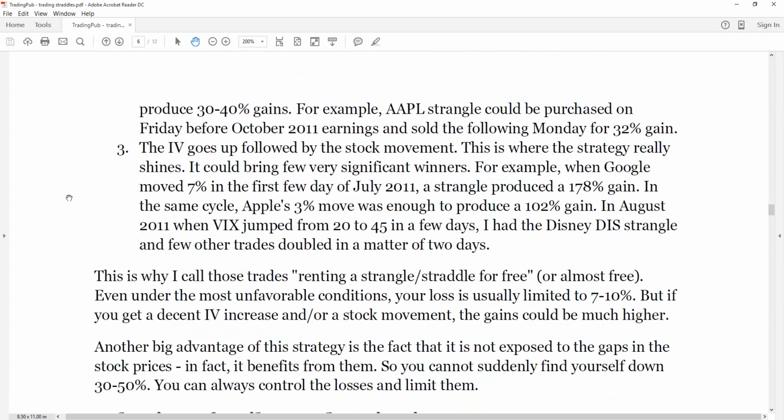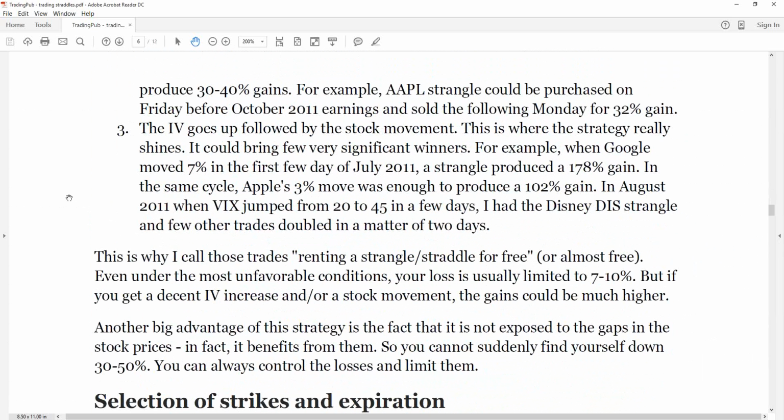Third case is implied volatility goes up, followed by the stock movement. Now, this is where the strategy really shines. It could bring a few very significant winners. For example, when Google moved 7% in the first few days of July 2011, the straddle produced a 178% gain.